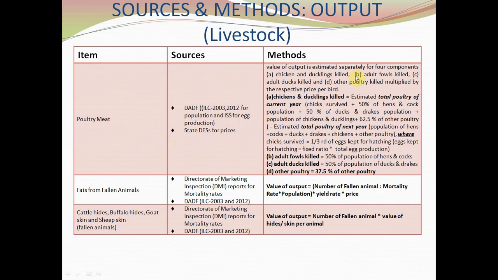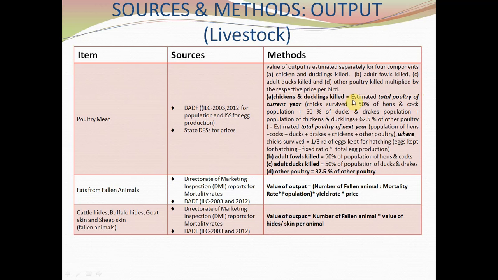Now, value of output is estimated separately for four components, which are chicken and ducklings killed, adult fowl killed, adult ducks killed, and other poultry killed, multiplied by the respective price per bird.